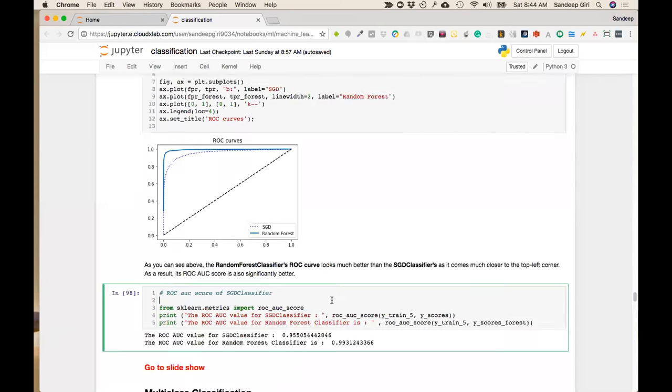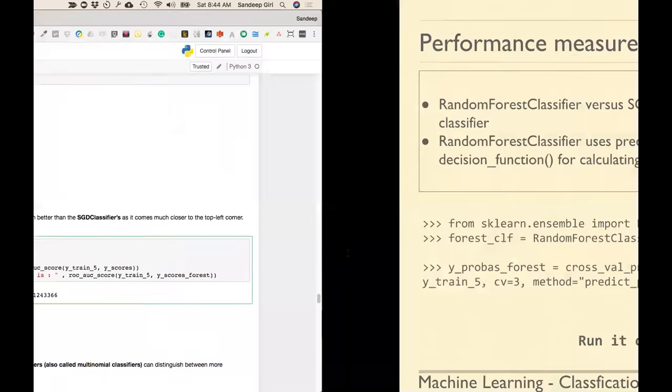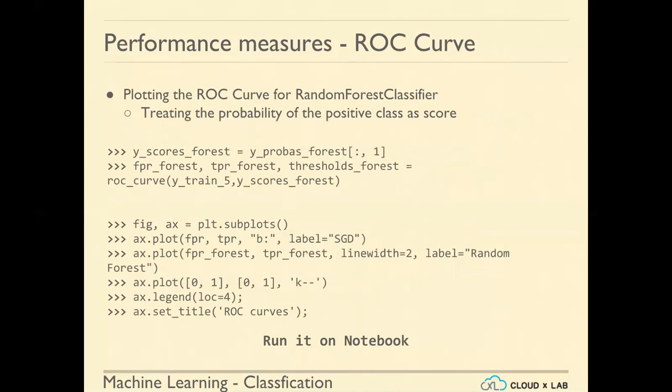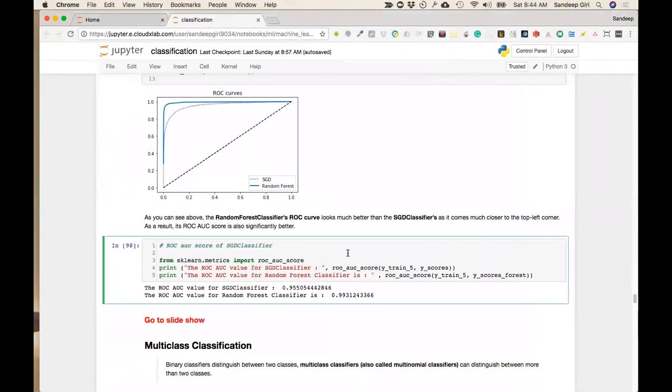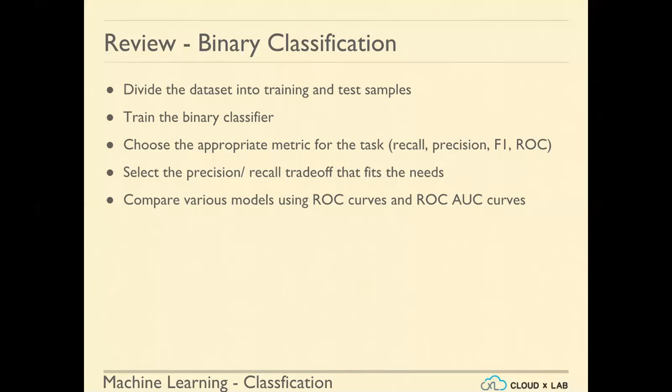All right, good. So that's the quick way of looking at it. And okay, so we can always compute the area under the curve as well as plot it. Okay, so what we have learned so far is divide the data set into training and test. On the training set, train the binary classifier, and that too in multiple folds.